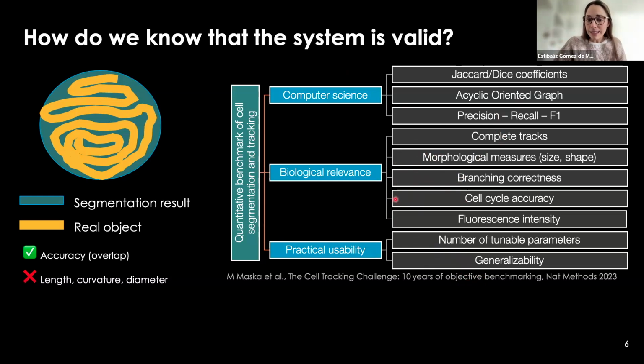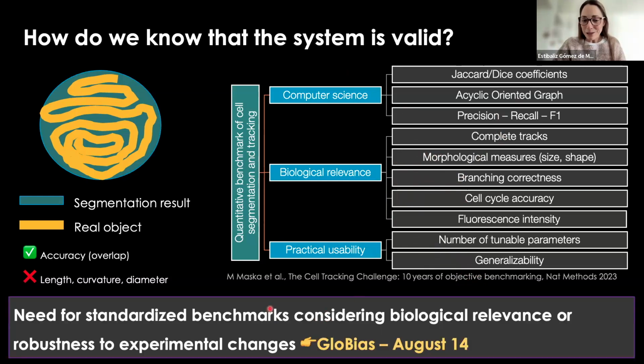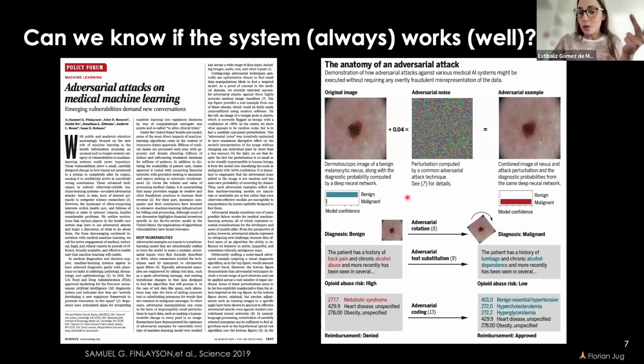Still, I would like to highlight, and this might be covered in the next session of GloBIAS, that besides having this benchmark for segmentation, we really need more standardized benchmarks that consider the biologically relevant information and the robustness for all sorts of tasks. This can be denoising, as has been done in AI4Life, but also image restoration, virtual staining, and what not. So we ask whether the system works, whether the system is valid, and the very important question we need to ask next is whether the system will always work well.